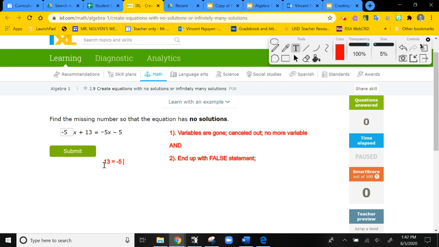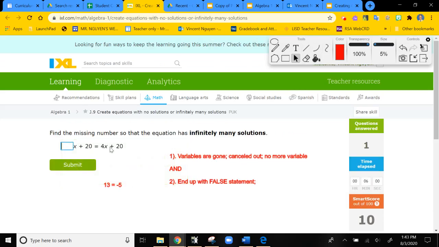And we know this is a very false statement. 13 does not equal negative 5. 13 is equal to 13. So that's what it takes to have an equation with no solutions. I'm going to hit submit here, and we're going to see our next example.